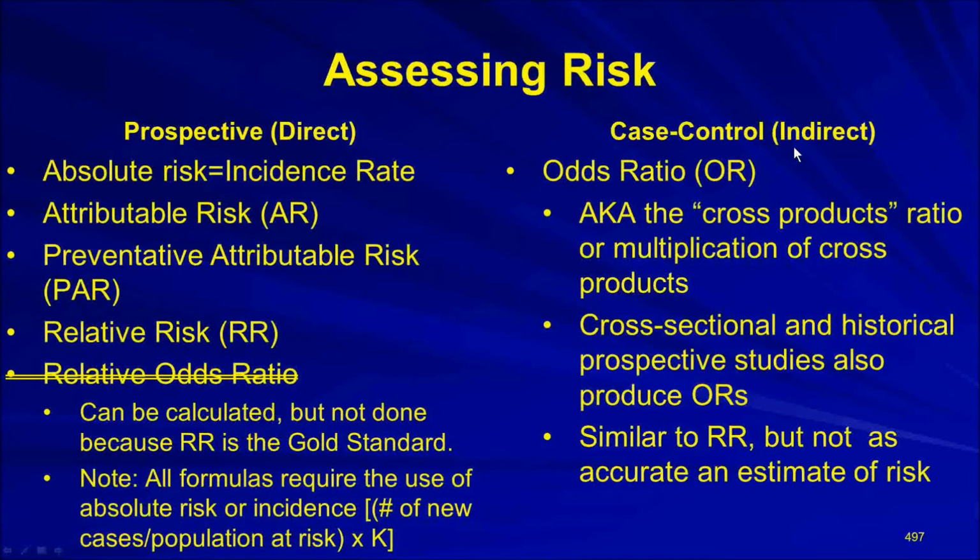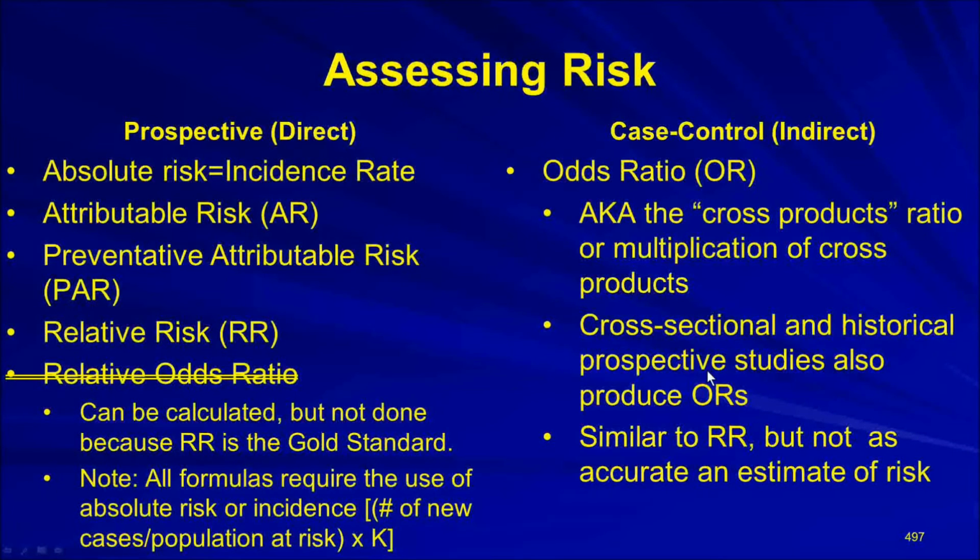the other observational studies. So if we talk about an odds ratio, also known as the multiplication of cross products, right here you'll see how quick and easy that is to do.